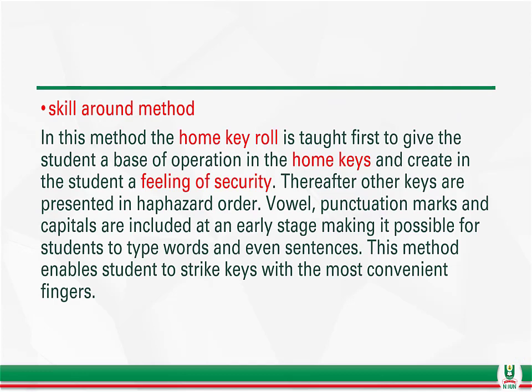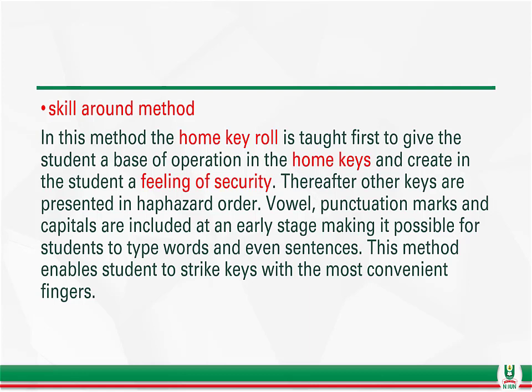We have the skill-around method. In this method, the home key row is taught first to give the student a base of operation in the home keys and create a feeling of security. You can't start teaching them all the keys at once, like capital keys, vowel keys, punctuation keys.